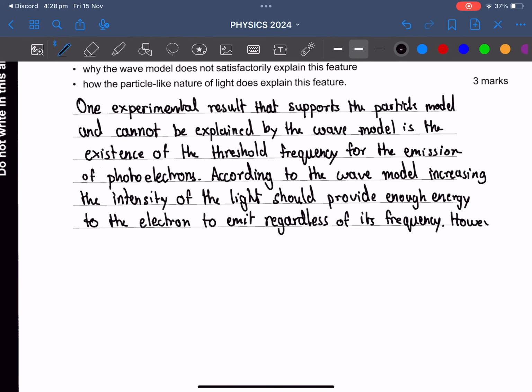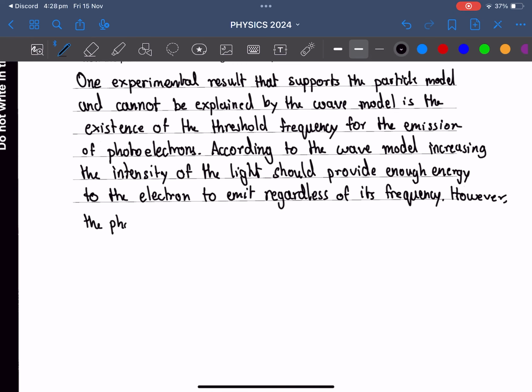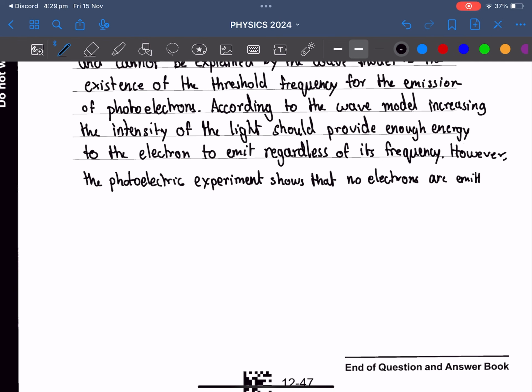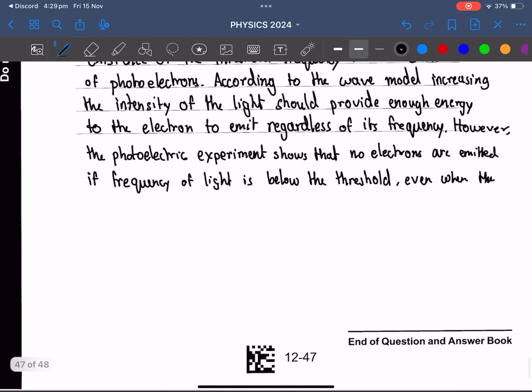However, the photoelectric experiment shows that no electrons are emitted if the frequency of light is below the threshold, even when the intensity is high.